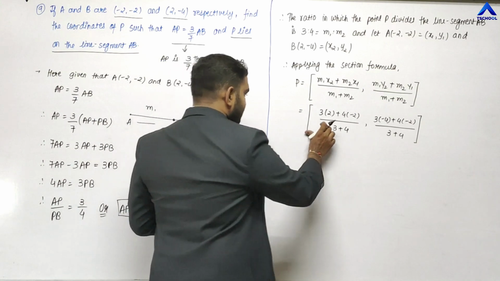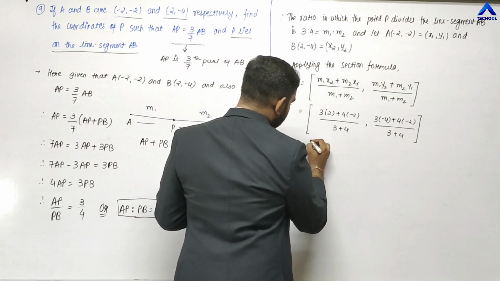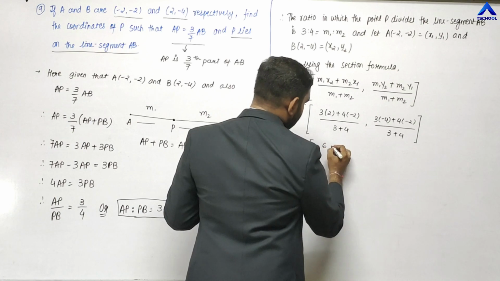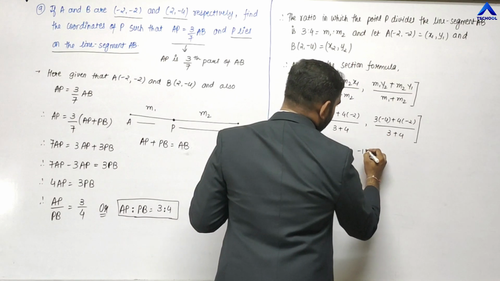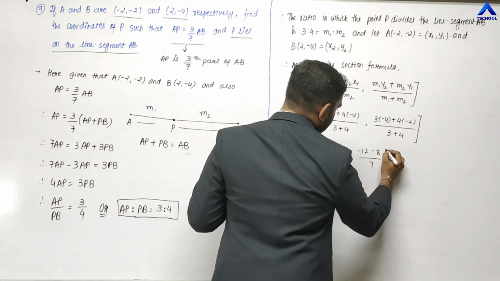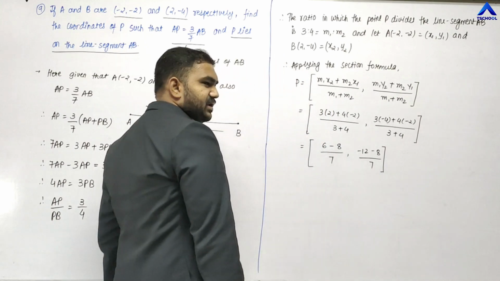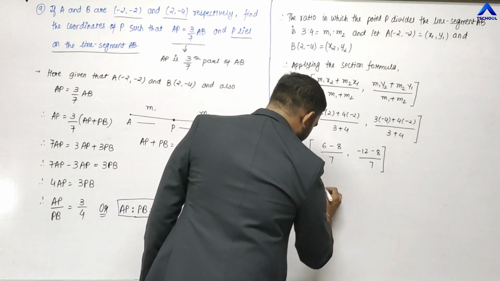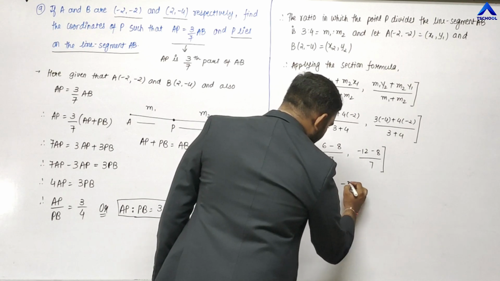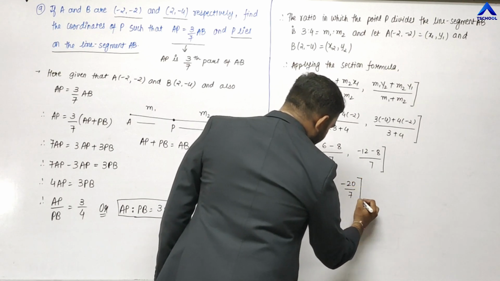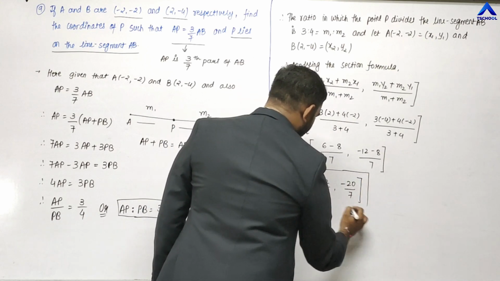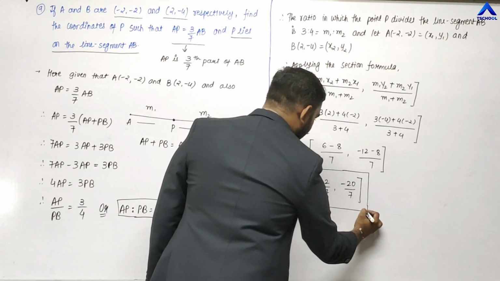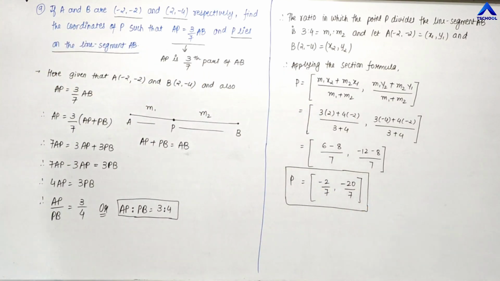Right, simplifying this we get 3 into 2 is 6, 4 into minus 2 is minus 8, upon 7 comma minus 12 minus 8 upon 7, which gives me minus 2 upon 7 comma minus 20 upon 7, and these are the coordinates of point P. The required coordinates of point P are minus 2 by 7 comma minus 20 by 7.